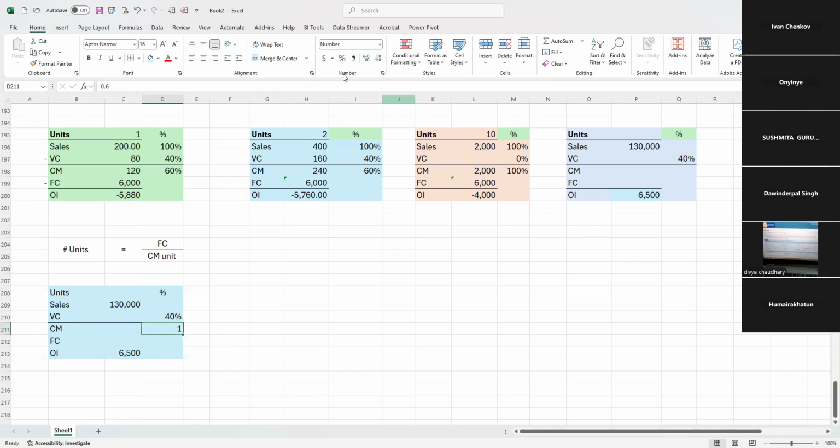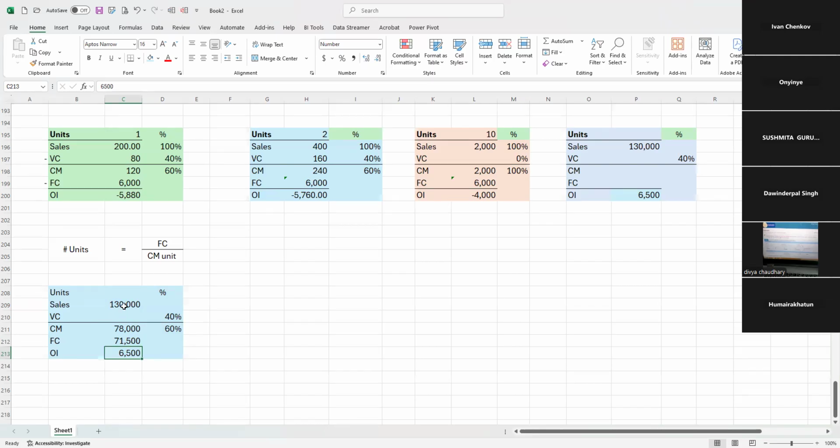When I find 60% of sales, I can find how much my contribution margin is in total. 60% of 130 is 78. Now can I find my fixed cost? That minus this plus this will be 71,500. Okay, I get that one.